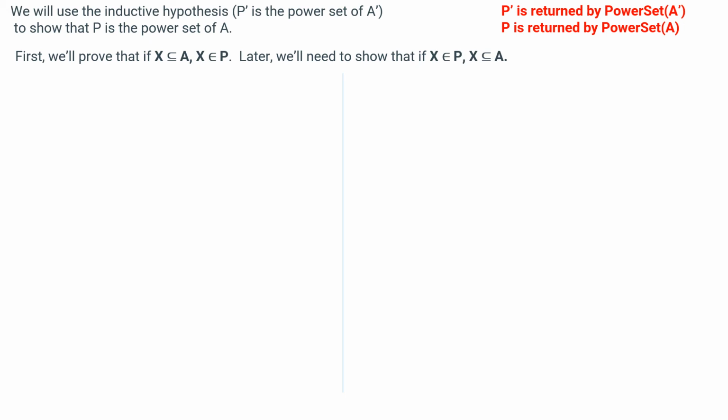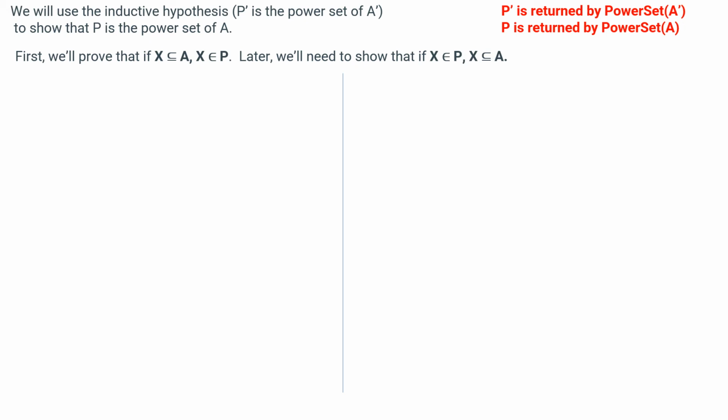Later, we'll need to show that everything that's in P does end up being a subset, right? Because we can't have the power set along with some other things in there too. We have to show that everything in P is actually a subset of A. So that second part we'll need to prove later.